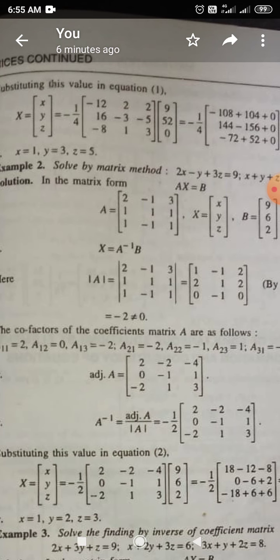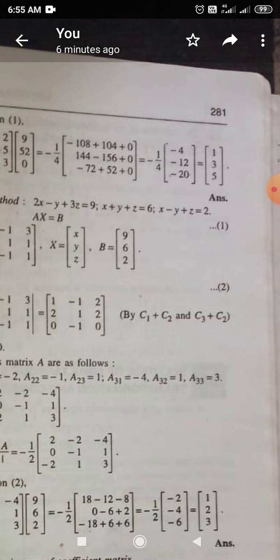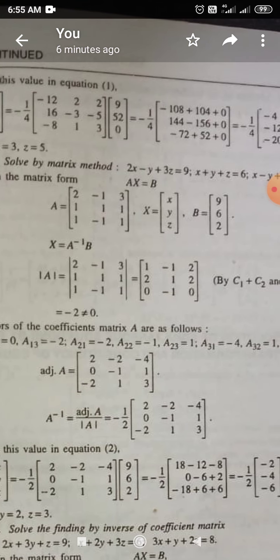Similarly, the second system of linear equations is 2x minus y plus 3z is equal to 9, x plus y plus z is equal to 6, x minus y plus z is equal to 2. So the system of equations is of the type AX is equal to B, then X is equal to A inverse B. A is the matrix of coefficients of all elements, that will be 2 minus 1 3, 1 1 1, 1 minus 1 1.